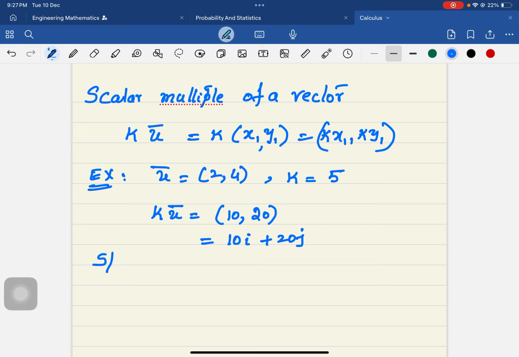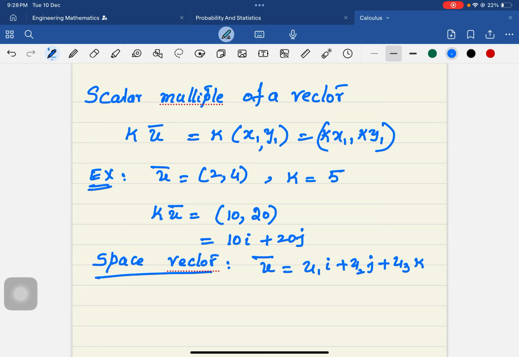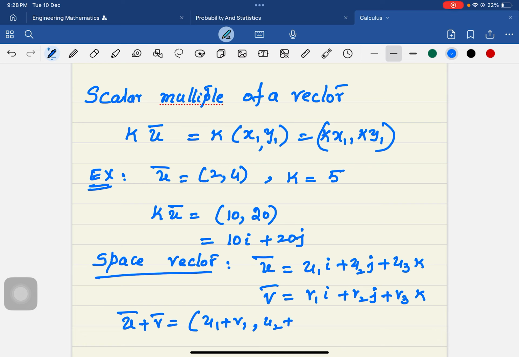Now let us say there is a space vector. What do you mean by a space vector? A three-dimensional vector is given. Suppose your vector u bar is given by u1 i plus u2 j plus u3 k. That is a three-dimensional vector. Then there is another vector v bar, v1 i plus v2 j plus v3 k. Then the sum u bar plus v bar is nothing but (u1 plus v1, u2 plus v2, u3 plus v3).